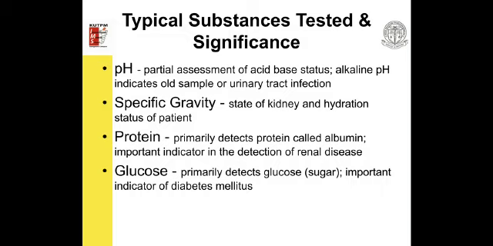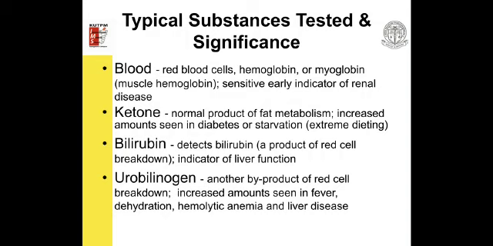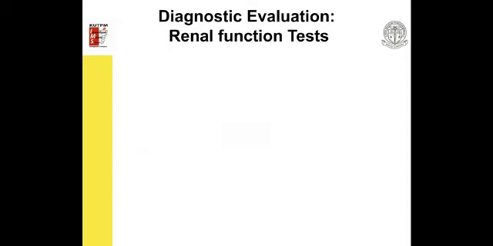Microalbuminuria is the first sign of incipient nephropathy, particularly in diabetes. Glucose primarily detects glucose, an important indicator of diabetes mellitus. Blood is an indicator of renal disease, ketone is due to starvation and diabetes, bilirubin indicates liver function if it is deranged, and urobilinogen is increased in fever, dehydration, hemolytic anemia, and liver disease.